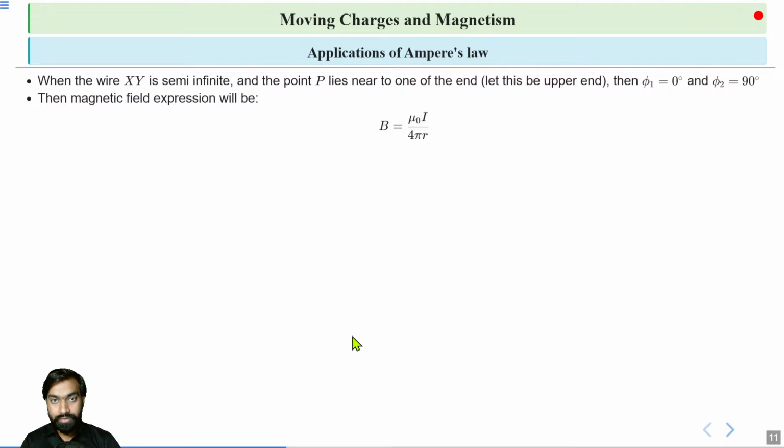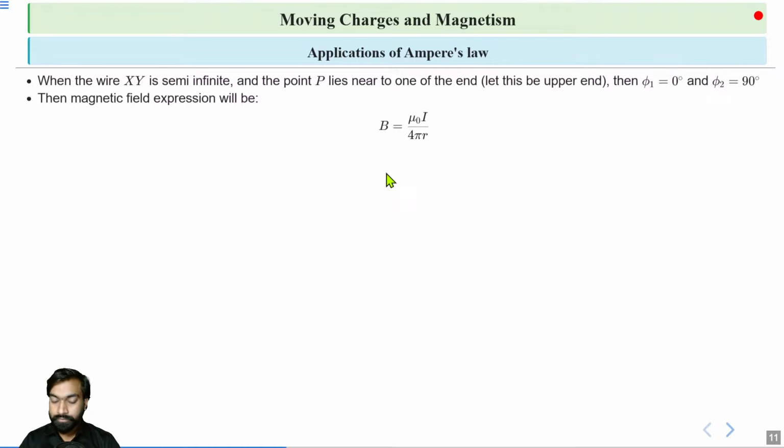Under these conditions, the magnetic field B at point P due to the current I in the wire is given by B equal to mu naught I divided by 4 pi r, where mu naught is the permeability of free space and r is the distance from the wire to point P.